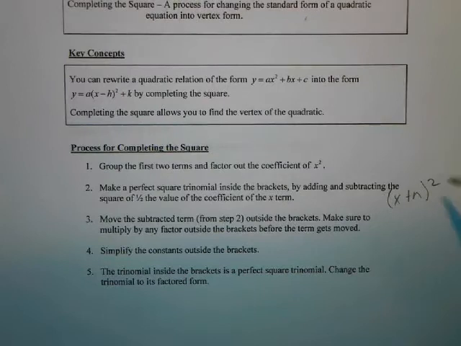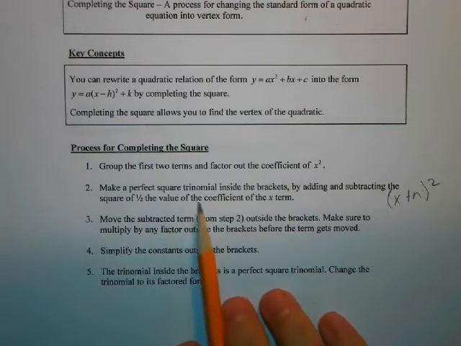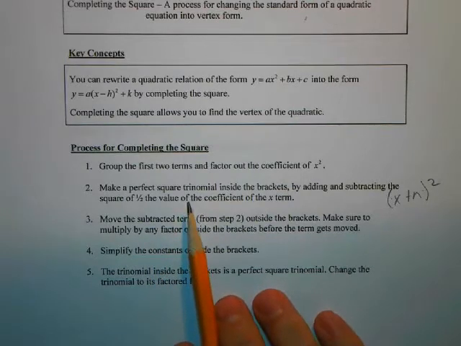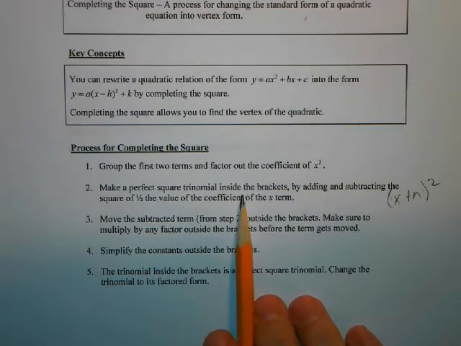That creates a trinomial that, when you factor it, gives us basically a binomial times itself, and we call it a perfect square trinomial because when we factor it, we get the same binomial twice. So how do we do that? It's actually not that difficult most of the time.